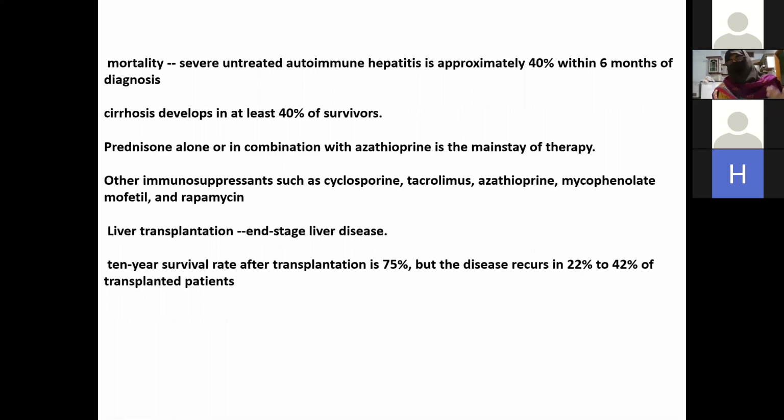Which antibodies will you have in type 1 hepatitis? Anti-smooth muscle antibody and anti-nuclear antibody. And which will you have in type 2? Anti-LKM, that is anti-liver kidney microsomal antibodies. You should know these antibodies whenever you get this scenario. It always comes with the clue of the antibodies.